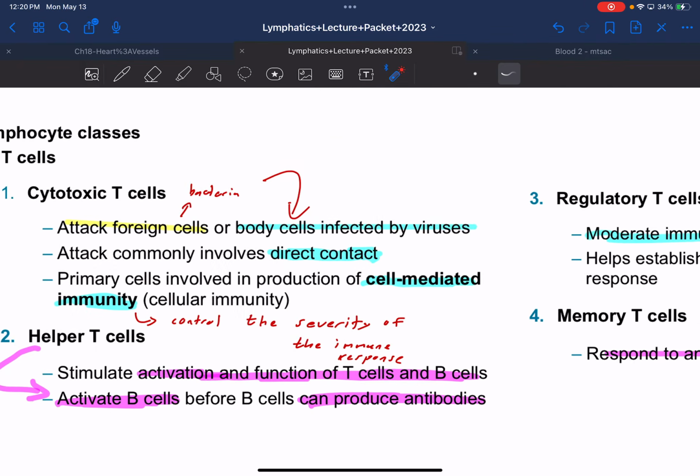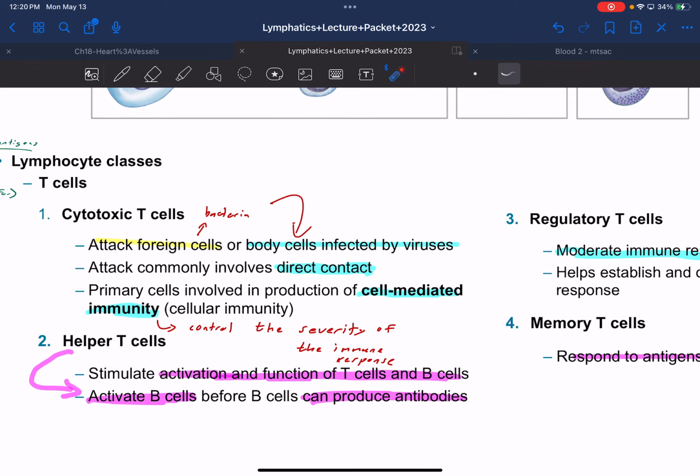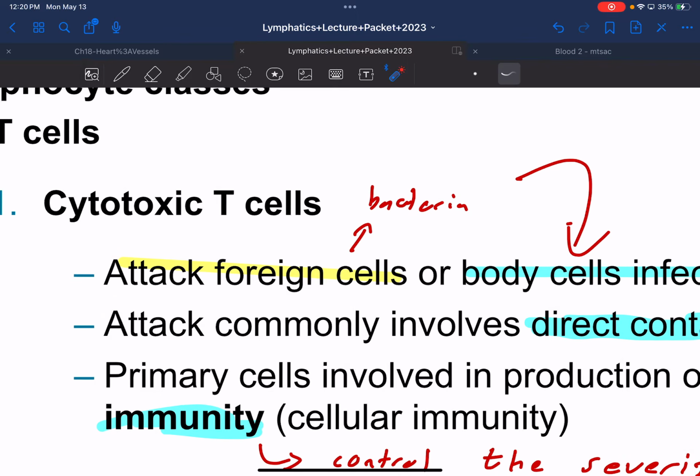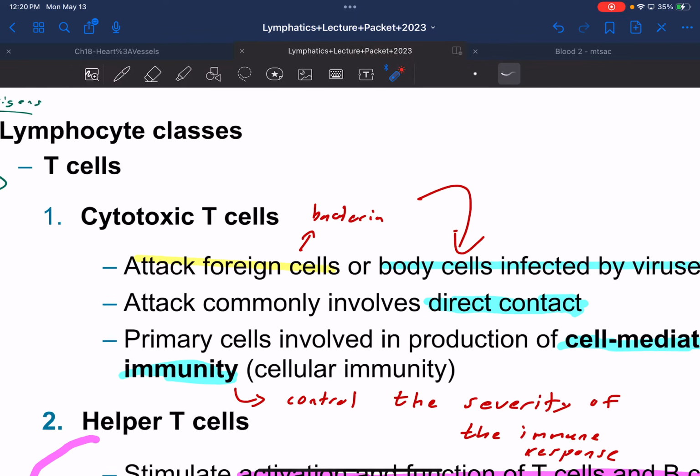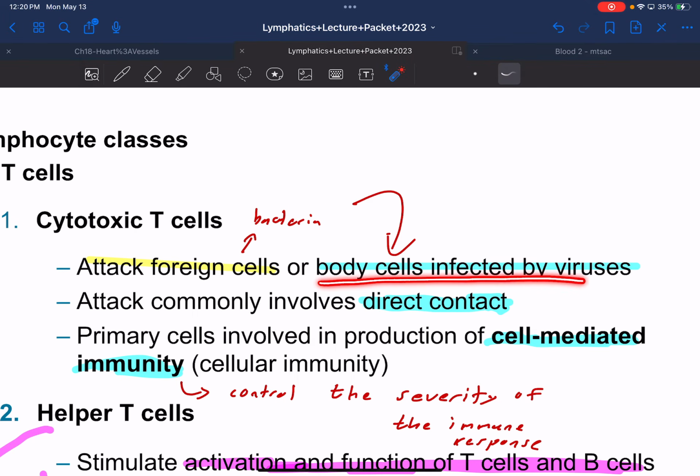And then some quick functions for our four T cells. Our cytotoxic T cells, the name cyto, cell, toxic, they attack foreign cells such as bacteria or body cells infected by viruses.